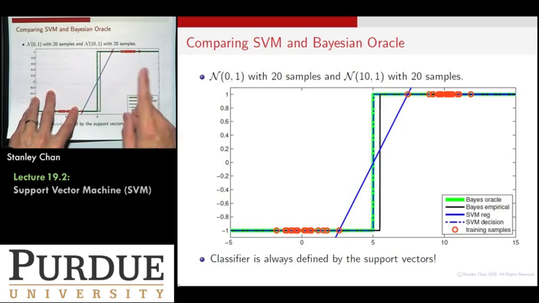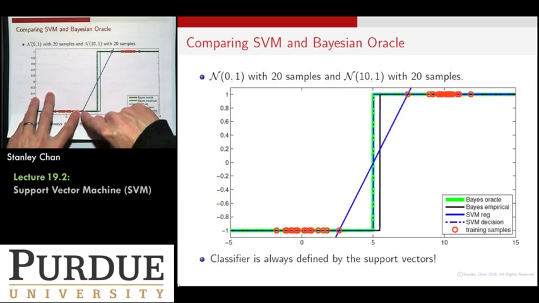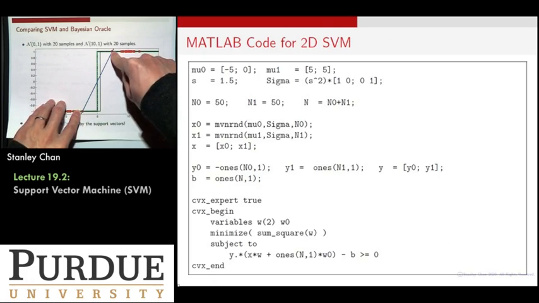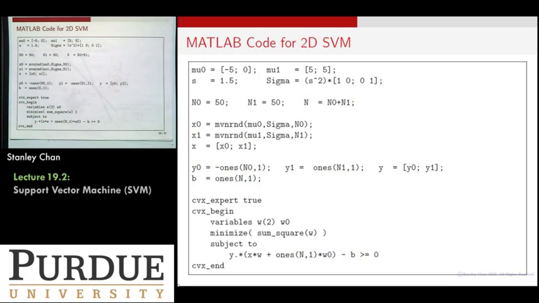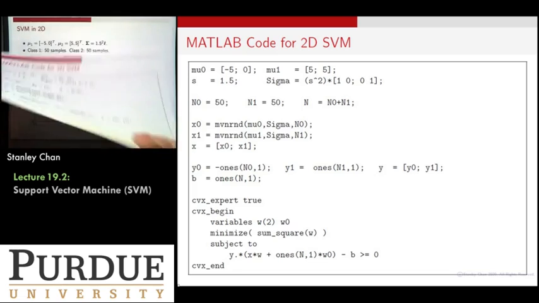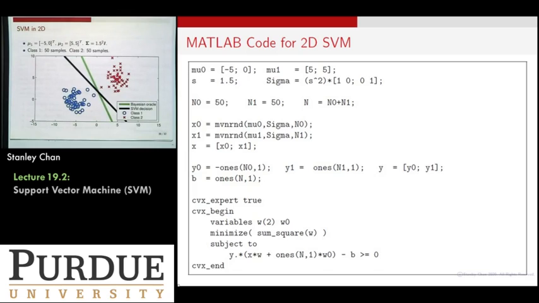The interesting thing to pay attention to is that this support vector machine line actually hits the 2 data points. These are the 2 support vectors. Now, if you want to do the support vector machine in 2D, here is the program. Nothing too complicated. It's still the same thing, 2 lines.